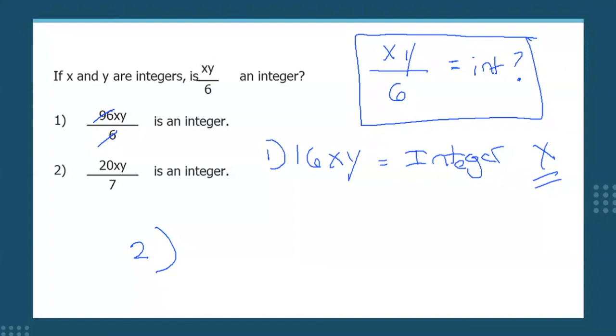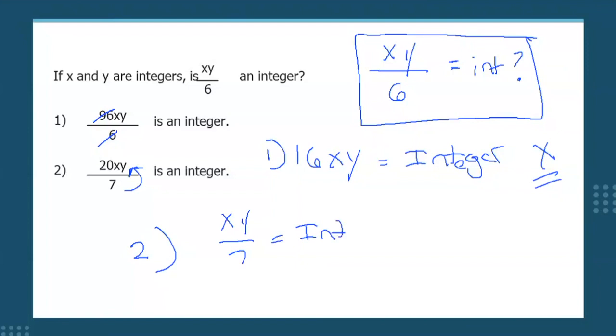In this particular instance, 7xy is just a multiple of 7, right? Similar to the last question. And we can say xy over 7 is an integer. Okay, well, what does that tell us?